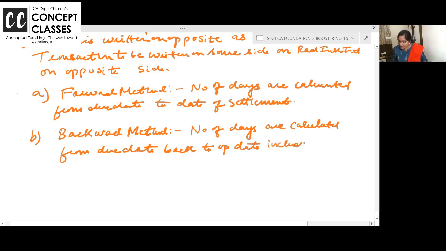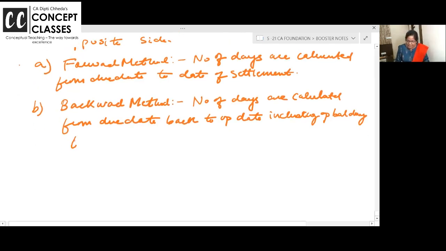Including opening balance day. Opening balance day we always take. So it's 1st July to 1st September. Example: 1st July opening date and due date 1st September.